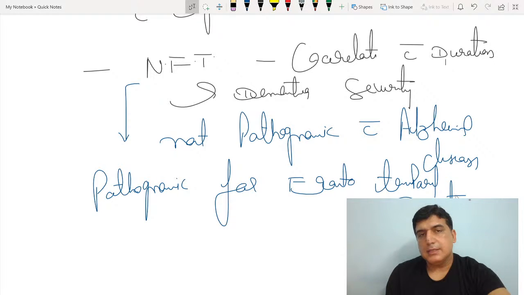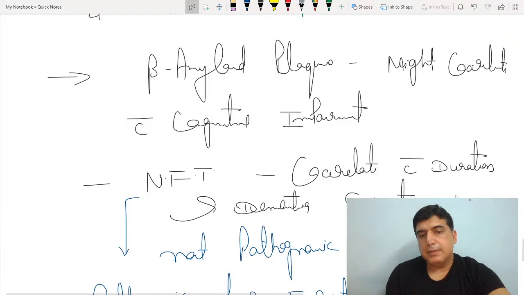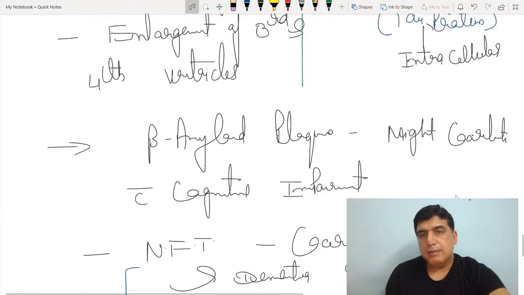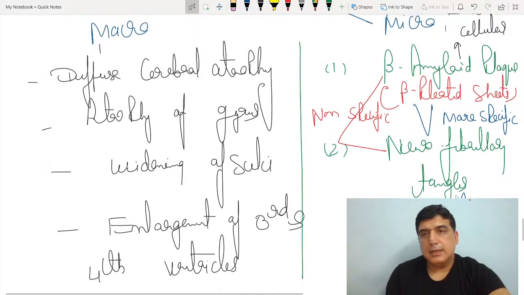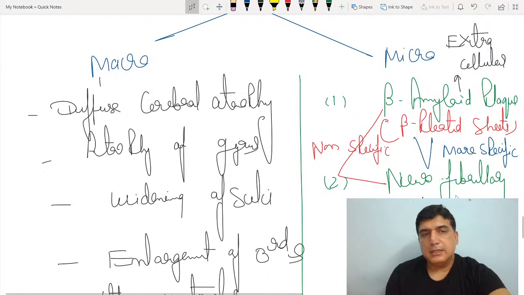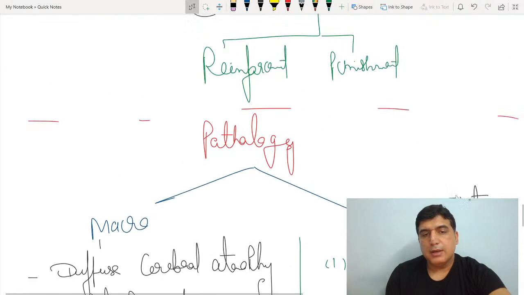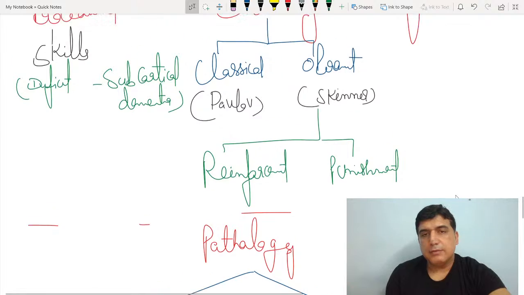Very important lines. Neurofibrillary tangle correlates with dementia severity and duration. Beta amyloid plaque might correlate with cognitive impairment. These are the micro findings. Macro, there is a diffuse cerebral atrophy, enlargement of third and fourth ventricle.